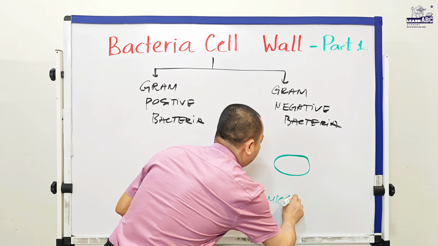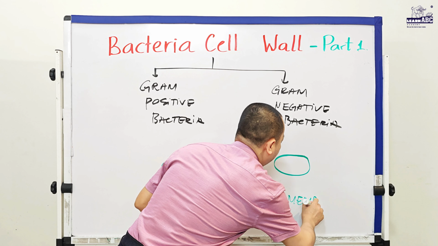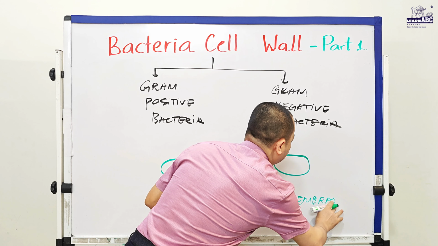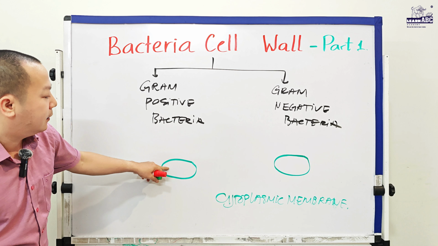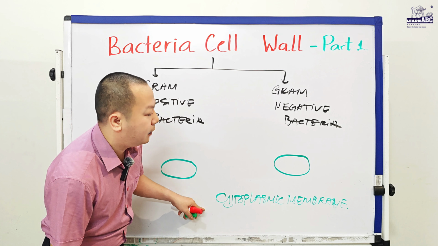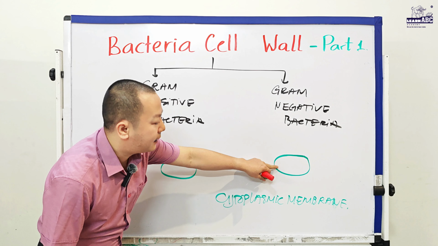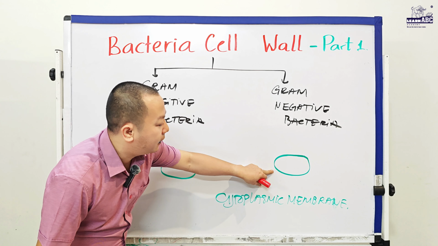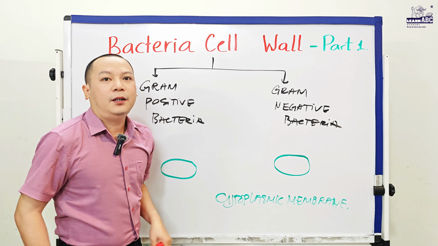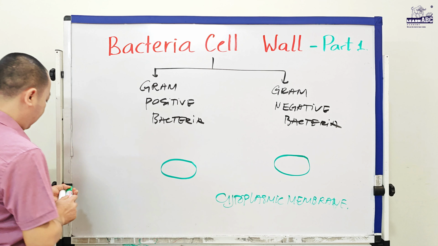Cytoplasmic membrane. Actually, this cytoplasmic membrane of bacteria is the same as the membrane of the human cell. It is made of the phospholipid bilayer.